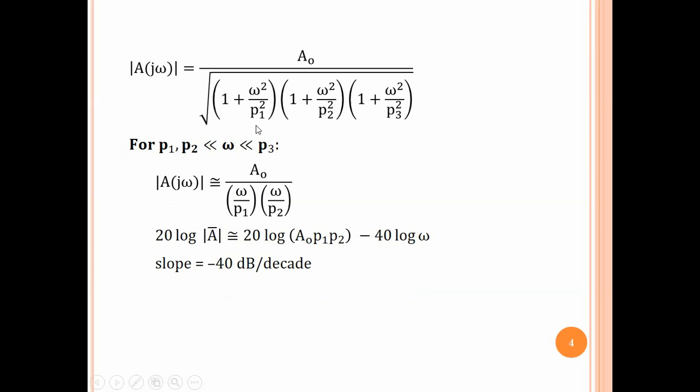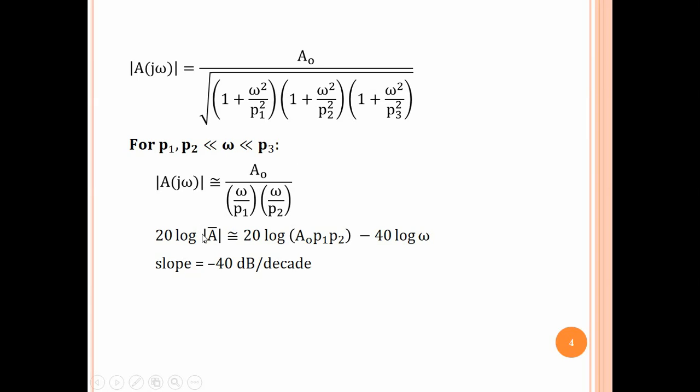For the frequency range where P1, P2 are both much less than omega, but omega is still much less than P3, then both these terms will be much greater than 1. This will be much less than 1. So approximately we'll get a0 by omega by P1 times omega by P2.